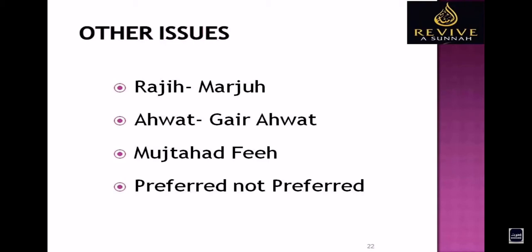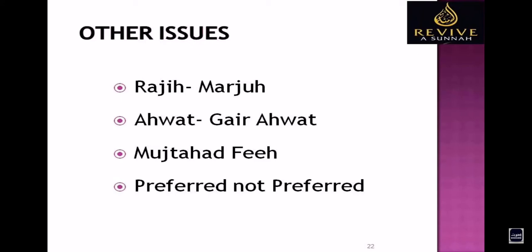So what they are saying is that we are practicing on a decision which is marjuh, less authentic or less strong, and you are practicing on the stronger one, the rajih one. Or the other term used is that you are practicing on what is ahwat, more cautious, and the Hizbul Ulama are practicing on something which is less cautious.